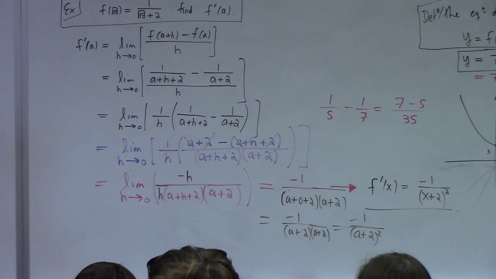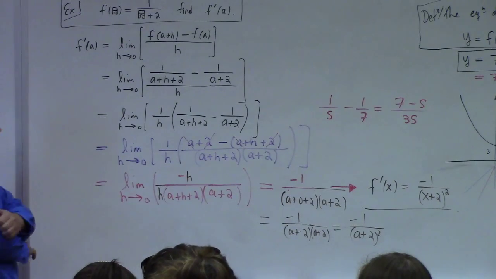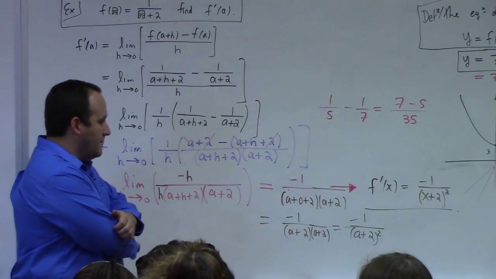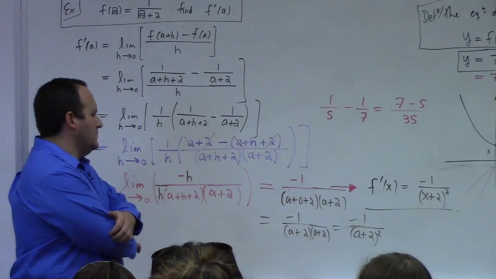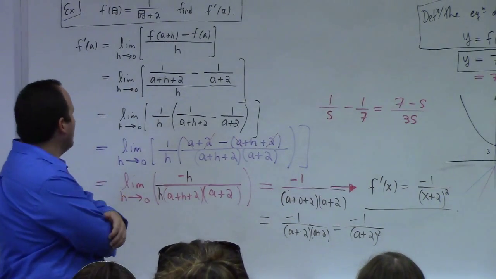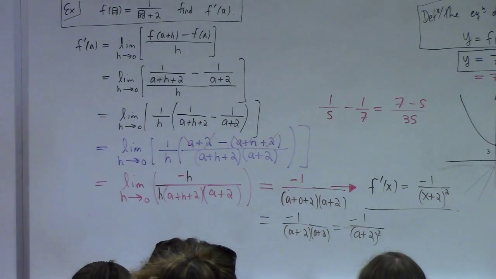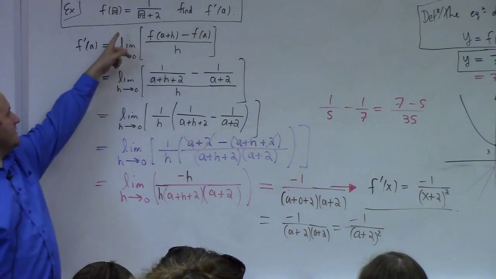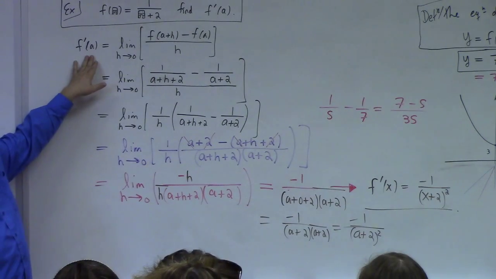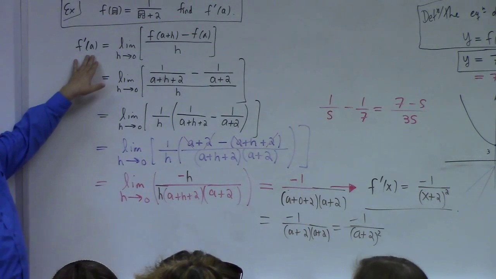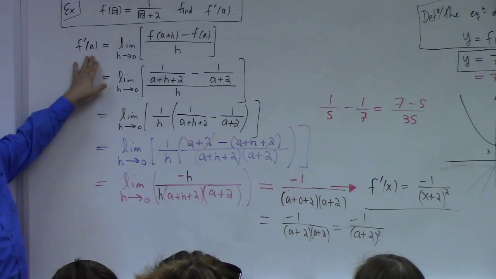So if we were to leave it in the form where a plus 2 squared is x plus 2 squared, we would get it wrong, correct? You asked for x, and that's wrong. I'd probably give you credit still. Like I said, if a is arbitrary, in my book, saying f prime of a is equal to minus 1 over a plus 2 squared is also a description of a function.